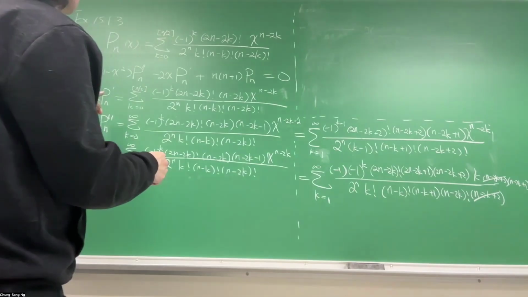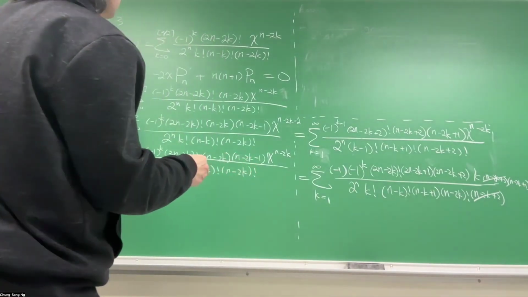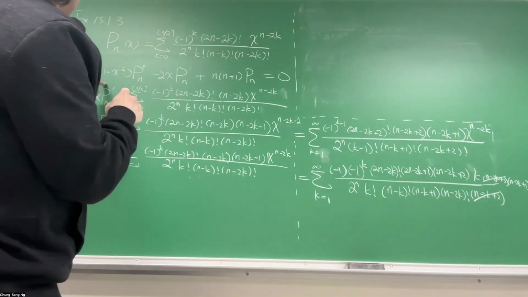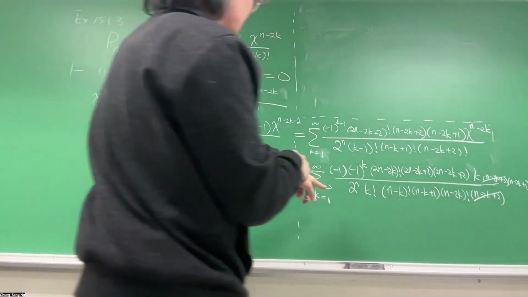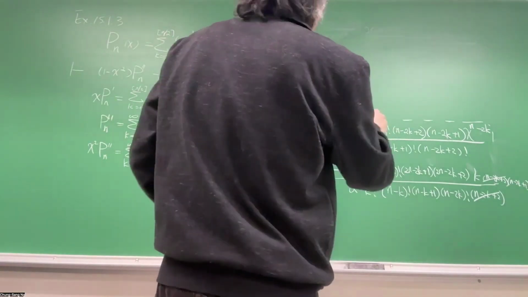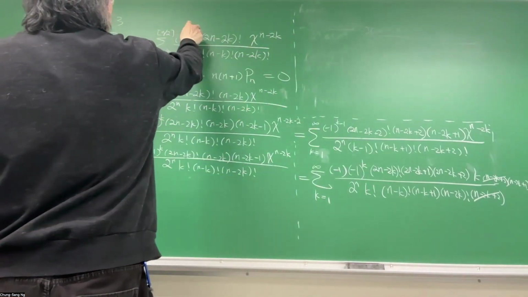So the general term, you have one is this one. Everything has the common denominator, which is this one, minus k.